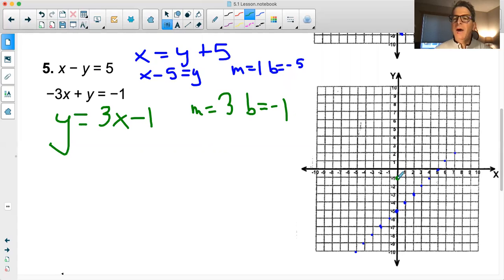So +3, I'm going to go up 3. Okay, so I'm going to go up 3, 1, 2, 3 over 1, okay? Or I go down 3, 1, 2, 3 over 1, and there is my intersection right there. So when you're finding the solution, you're finding that point of intersection.